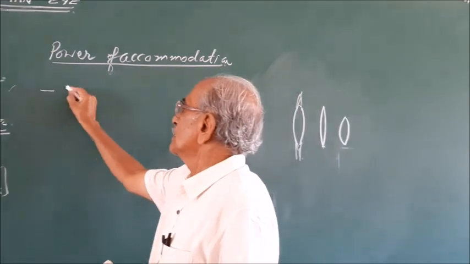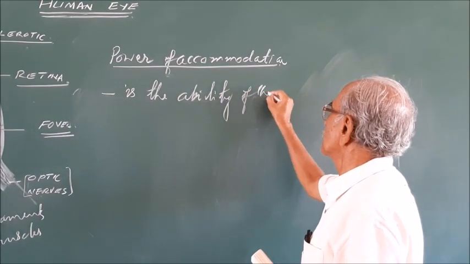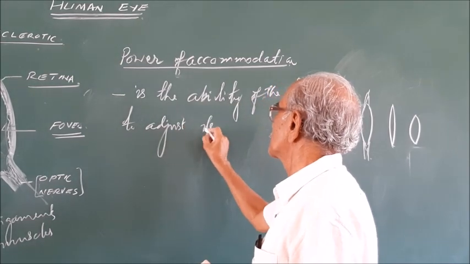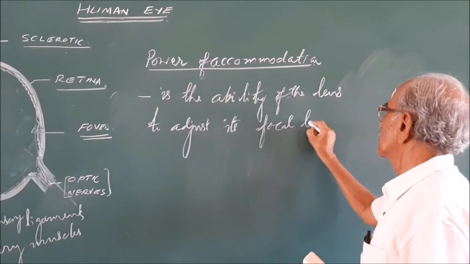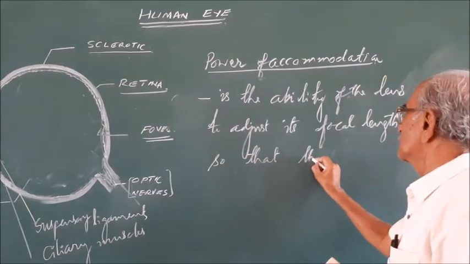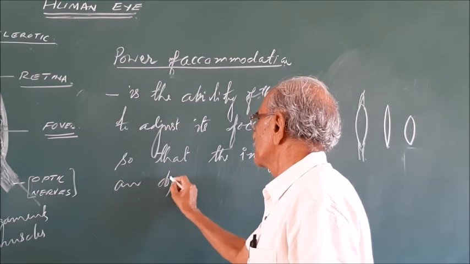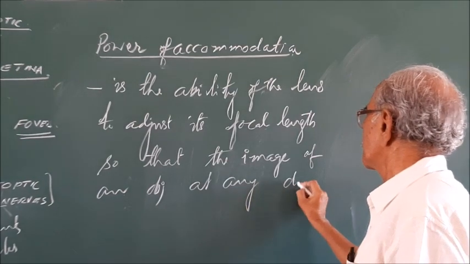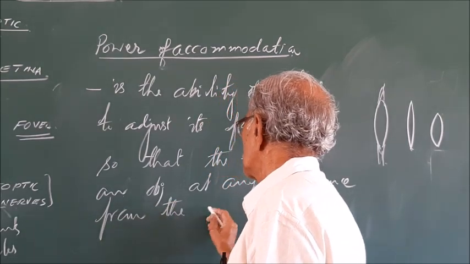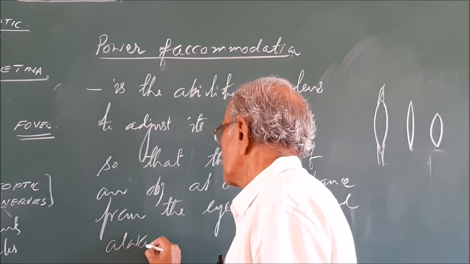So it is the ability of the eye lens to adjust its focal length so that the image of an object at any distance from the eye is always formed on the retina.